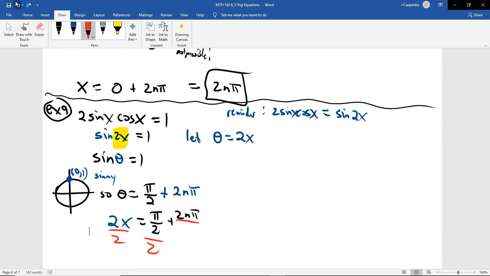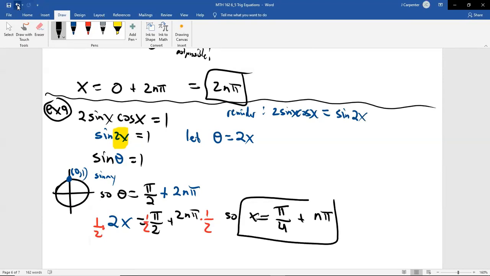So let me just show you the alternative approach. Instead of dividing by 2, you multiply everything by half. I'm going to put the 1/2 here because it's kind of squished. So that says x is equal to, these 2's cancel, these 2's cancel, but these 2's stack up to make a 4 in the bottom. So x equals pi over 4 plus n pi, not plus 2n pi.